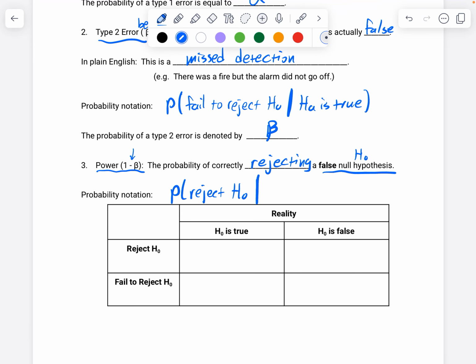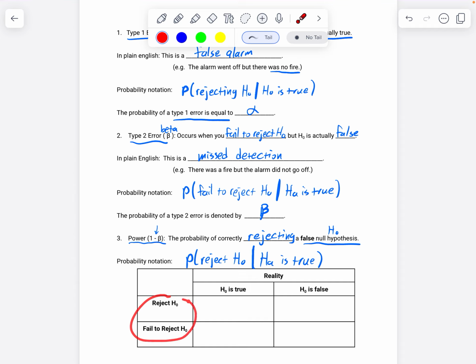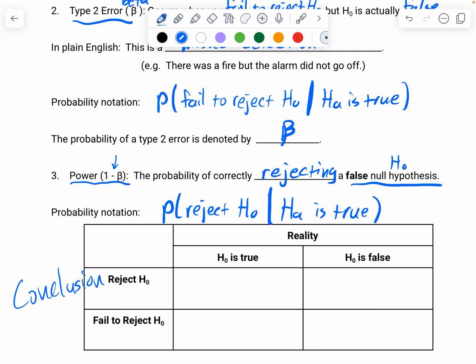We've got the reality, and then we've got our conclusion. If you reject H0, but H0 is true, that is a type 1 error. This is alpha.